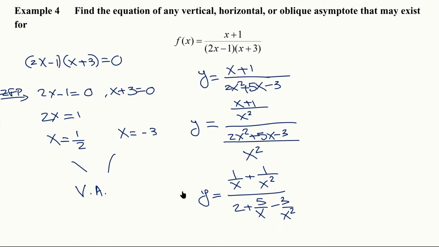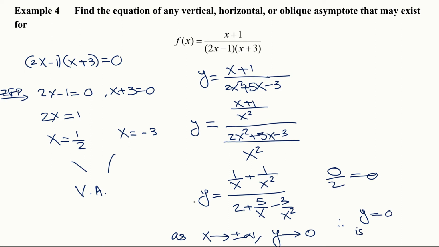So as x approaches plus or minus infinity, y is going to approach, well, the top will approach 0 and the bottom, those two approach 0, so you just get 2. So it approaches 0 over 2, which is what? 0 over 2 is, of course, 0. So y is going to approach 0. So therefore, y equals 0 is the horizontal asymptote for this graph. Okay?